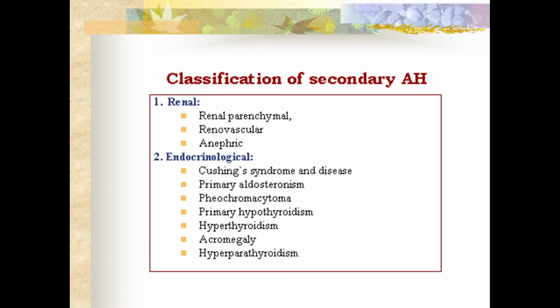But what about any other diseases? And you can see that the list of such diseases is rather long. Cushing's syndrome and Cushing's disease, primary aldosteronism, pheochromocytoma, primary hypothyroidism, hyperthyroidism, acromegaly, hyperparathyroidism, and all the above mentioned diseases can be manifested by arterial hypertension.